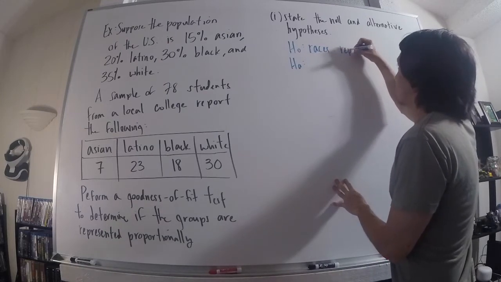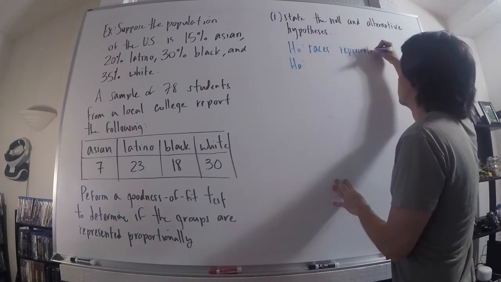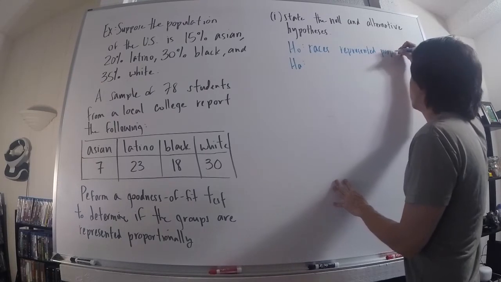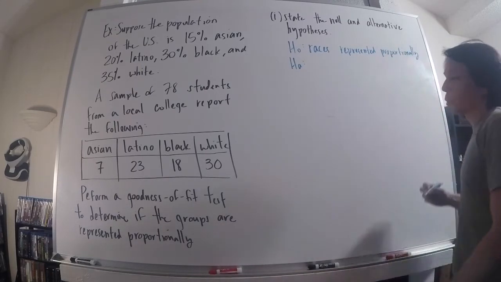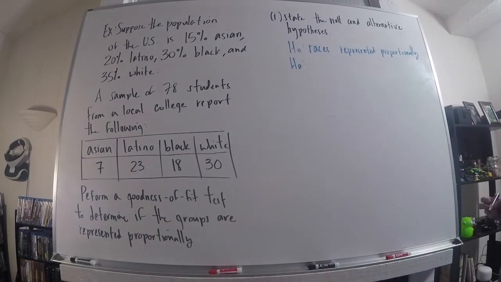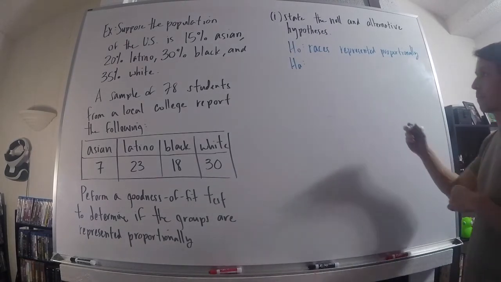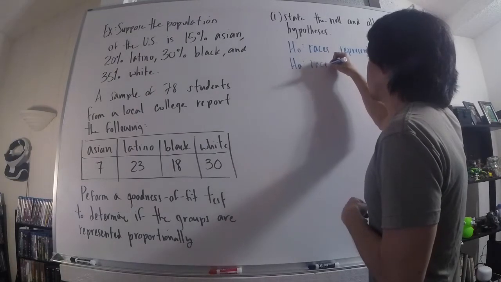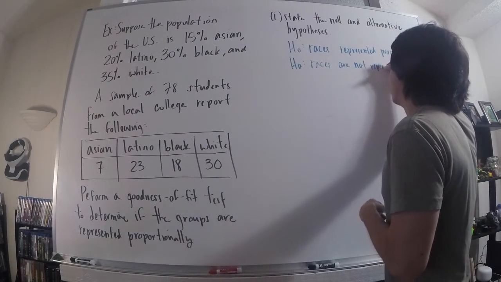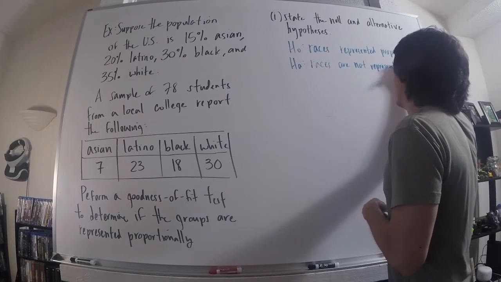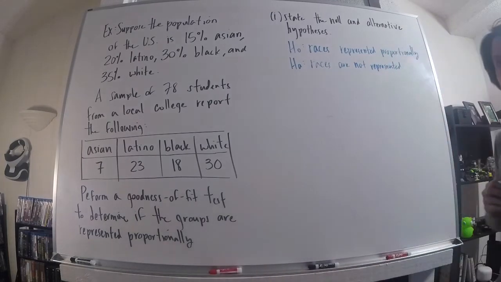Races represented proportionally is going to be our null. We assume everything's good and everybody gets proportional representation as they should and everybody's living harmoniously, and your alternative is that the races are not represented proportionally. So that's an interpretation of that generic, the distribution is as claimed and the distribution is not as claimed.